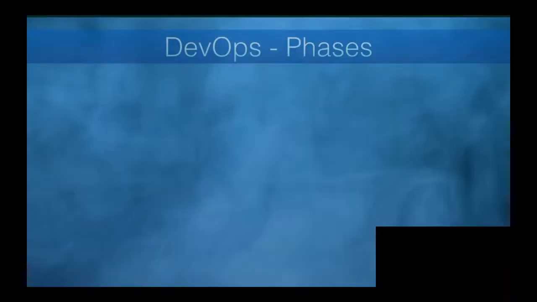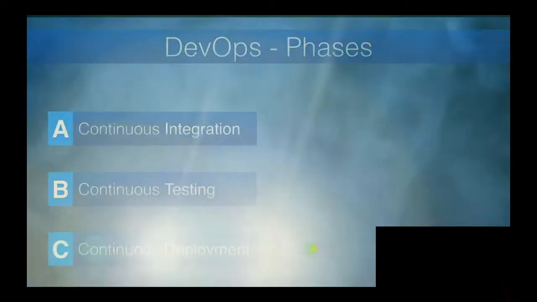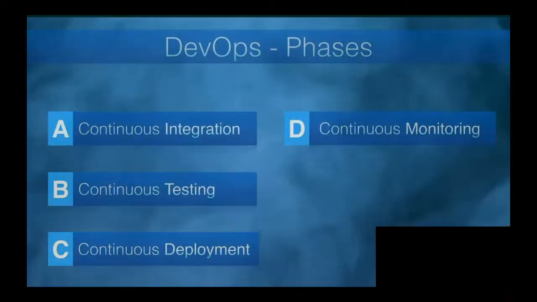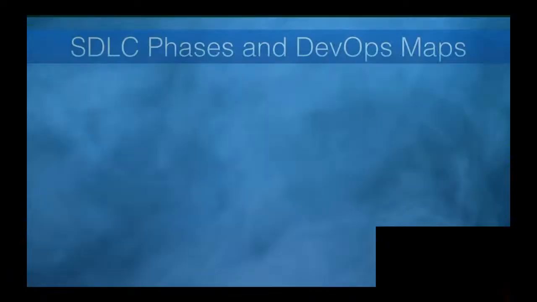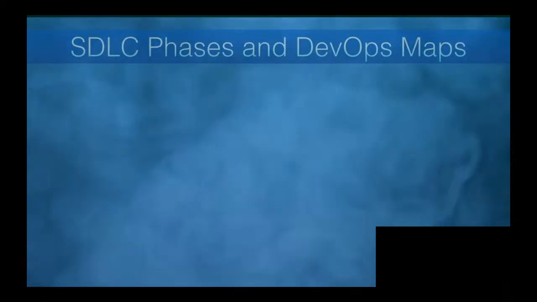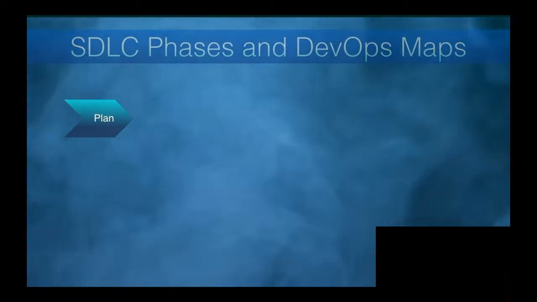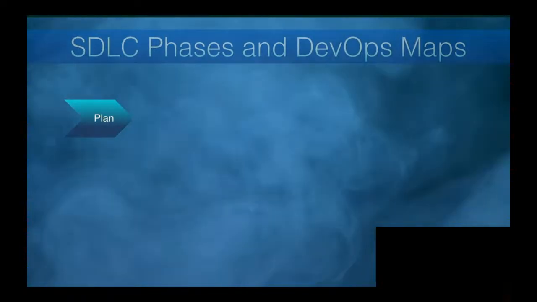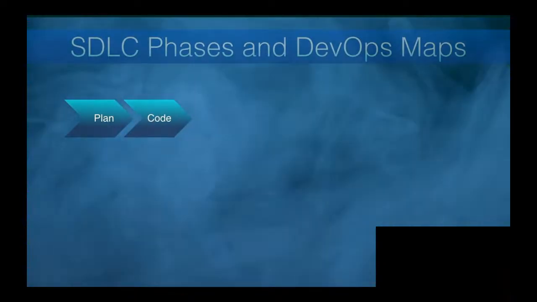DevOps mainly focuses on four phases: continuous integration, continuous testing, continuous deployment, and continuous monitoring. These are the standard SDLC phases. As you know, the planning phase comes before the development phase, where requirement documentation, architecture designing, delivery planning, etc. happen. The coding phase is basically the construction phase that includes unit testing.